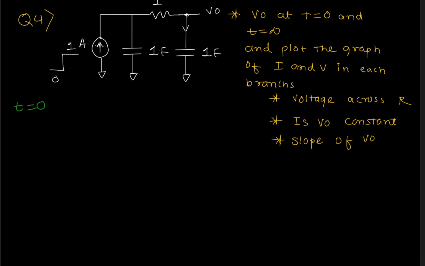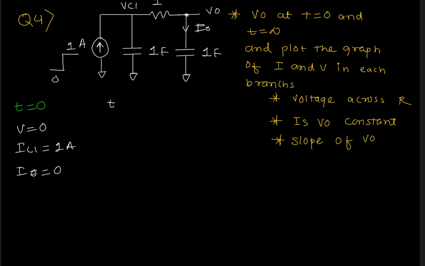This has zero current at the start. That's why V out is 0. Now let's call this VC1. Now VC1 is getting charged, so IC1 will be 1 ampere. Let's call this I0, and I0 is 0.